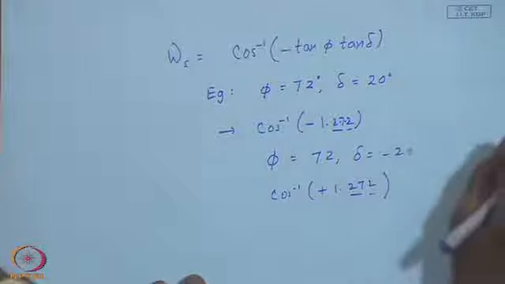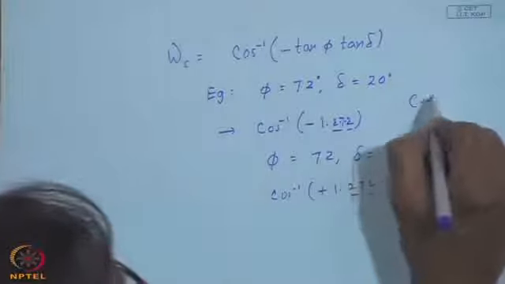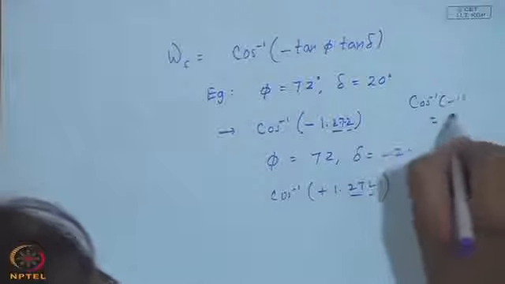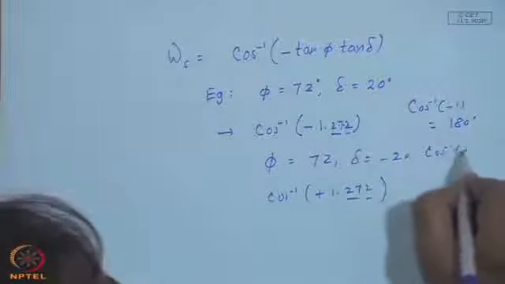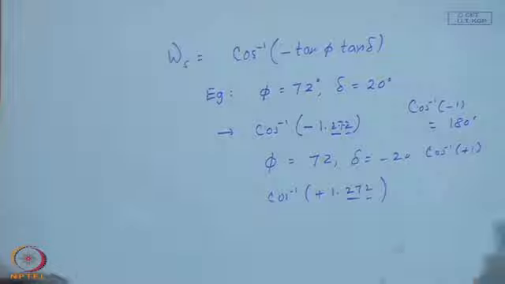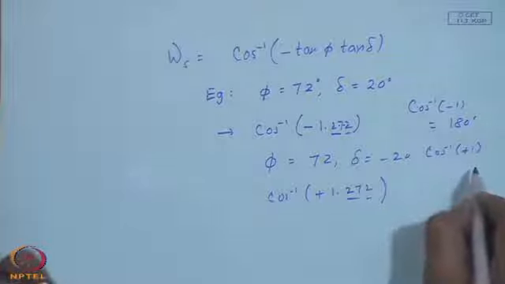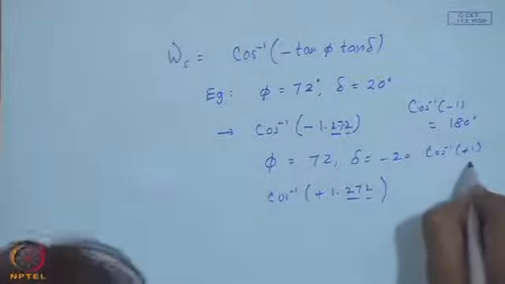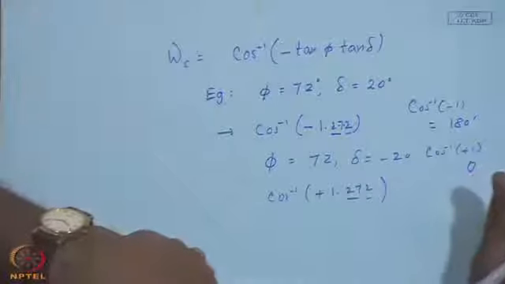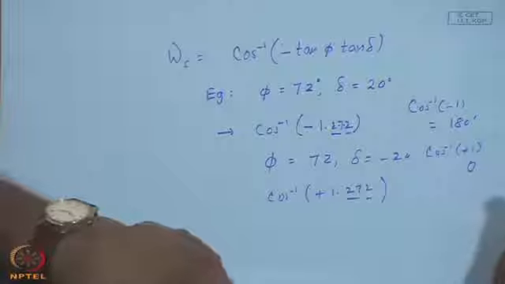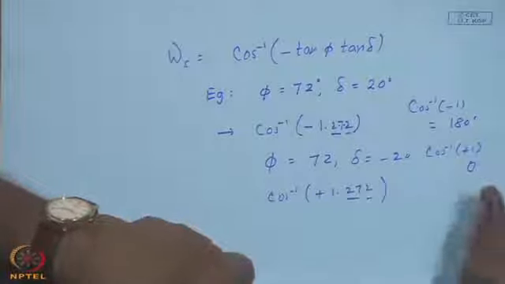Now, obviously, you do not know cos inverse of minus 1.272, right. Maximum you can define cos inverse of minus 1 is equal to 180, and cos inverse of plus 1 will be how much? 0, right. 180 multiplied by 2 will be 360, which will be 24 hours, and this 0 is 0.